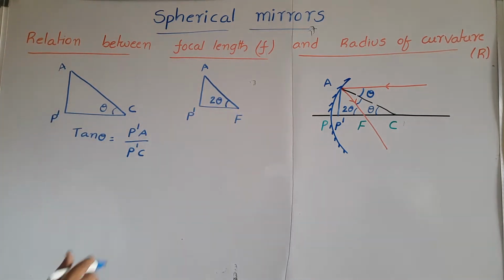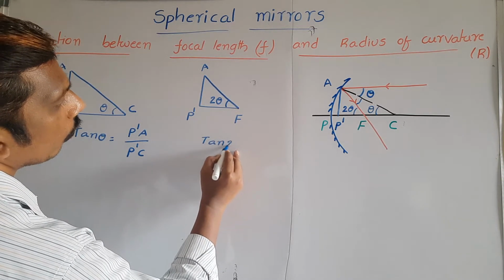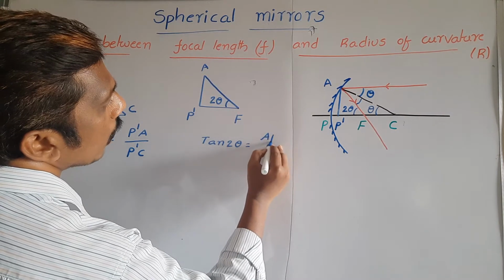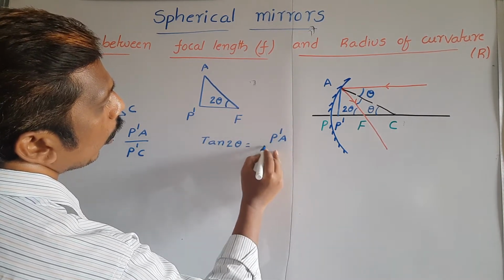From this triangle we can write tan 2 theta is equal to the opposite side P dash A divided by P dash F.